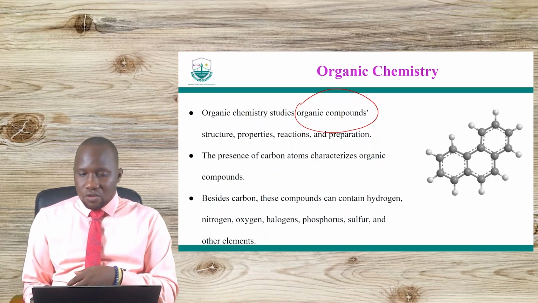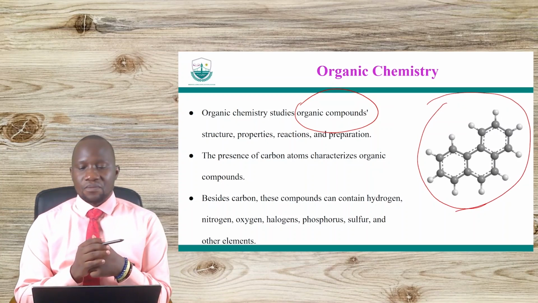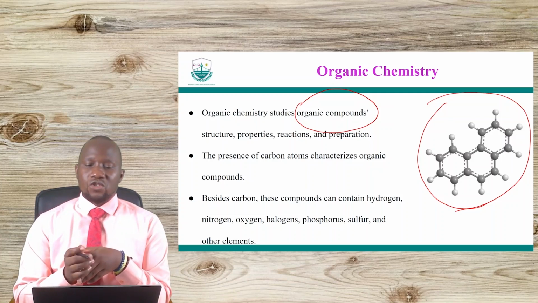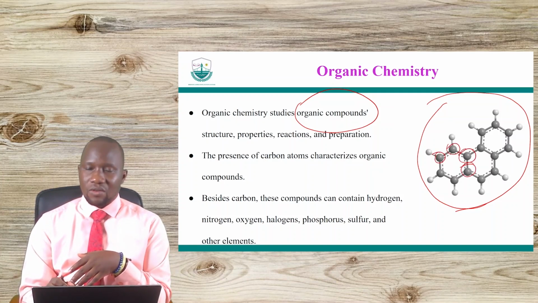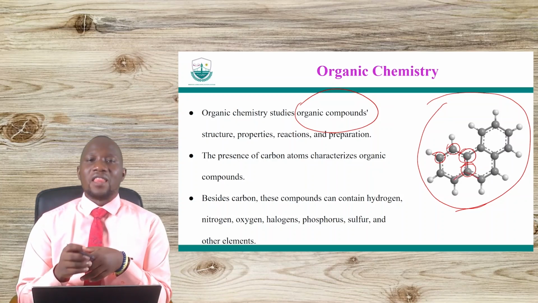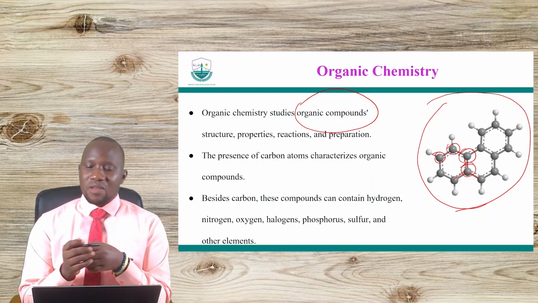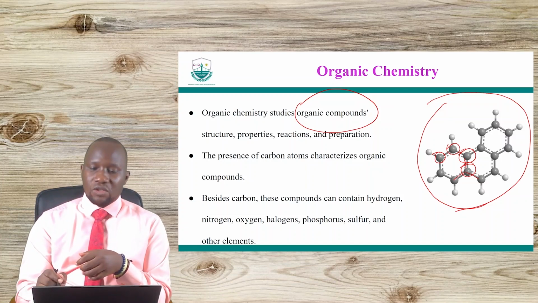So what you see here, perhaps you're asking yourself, what is that? This is actually one of the hydrocarbons. What I need you to pick from here is that these balls are representing carbon. Carbon is attached to other carbon atoms, and then also attached to hydrogen atoms.